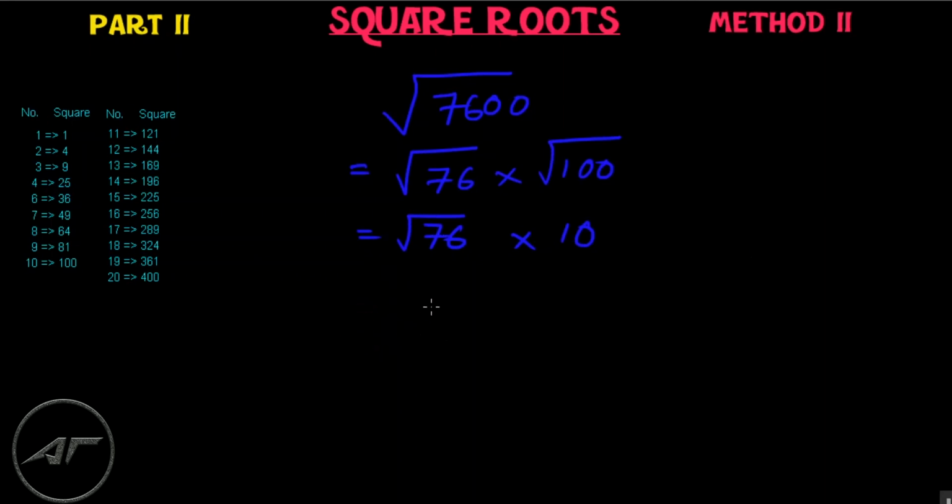Checking, we find that the perfect square nearest to 76 is 64, which is 8 squared.